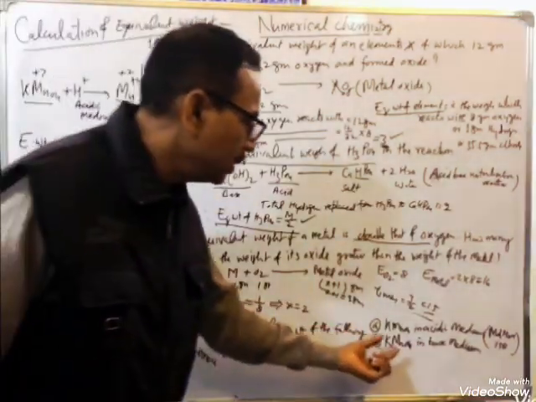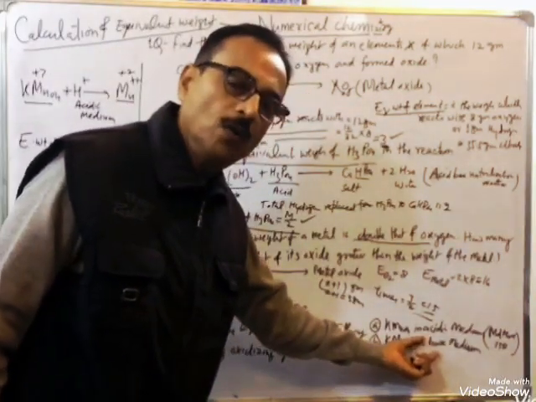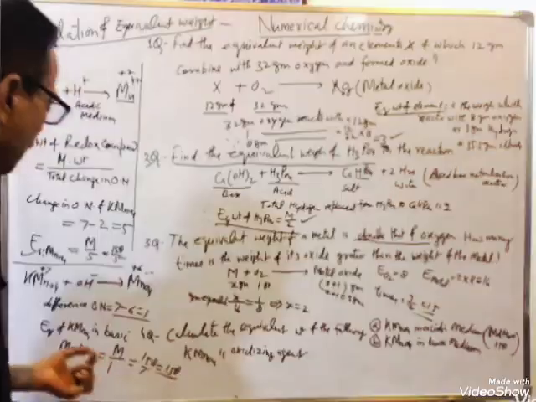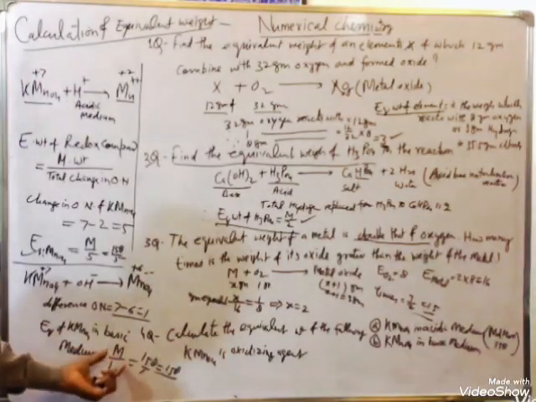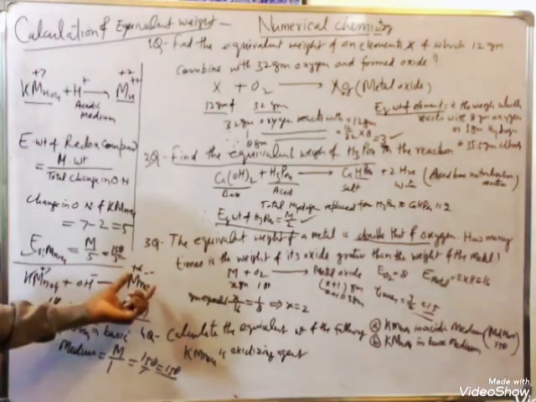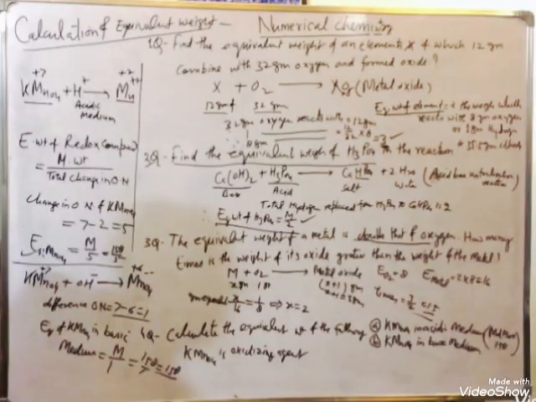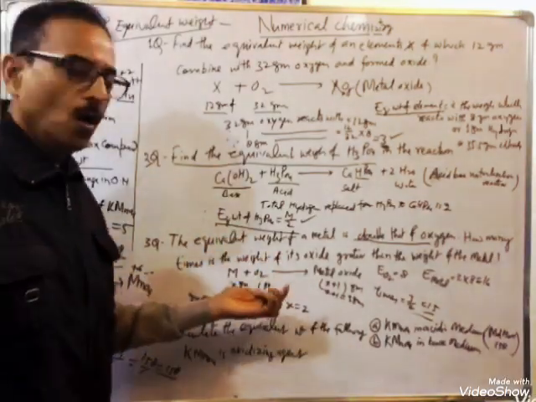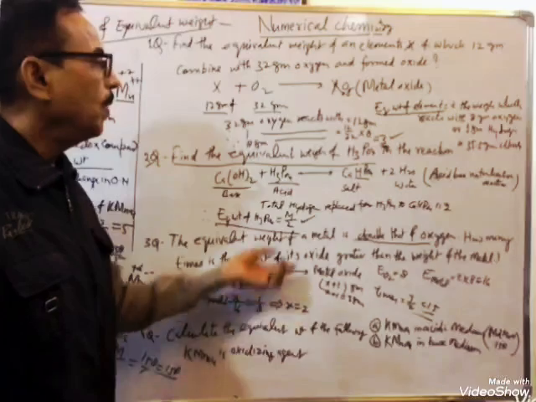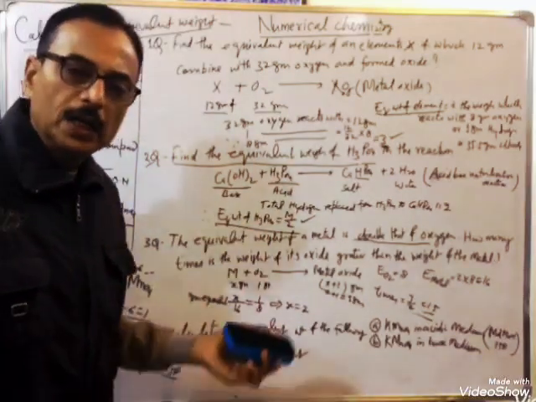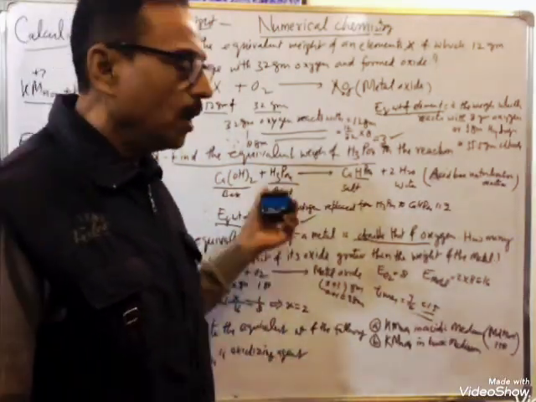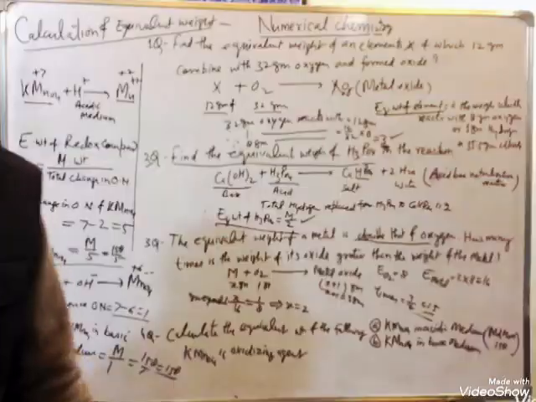But in presence of basic medium or hydroxyl ion, the equivalent weight will be M by 1. Change in oxidation number is 1. Here 1 atom. So I think it is clear now how you calculate the equivalent weight of different atoms. We will see one or two more examples.